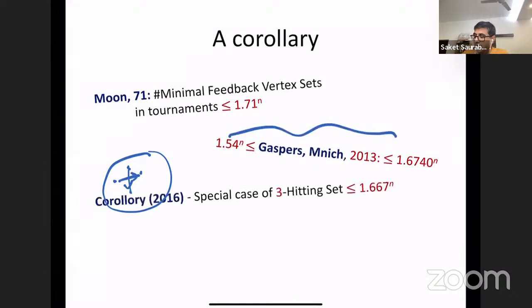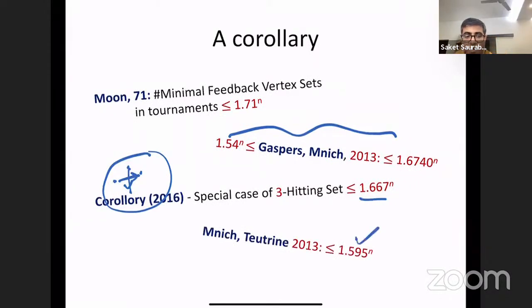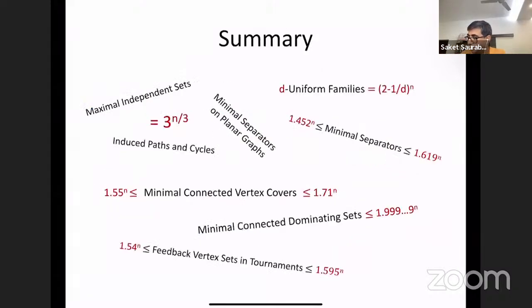As a special case of three-hitting set, this result will show what I just told, that it is upper bounded by this. But later people worked harder and were able to show slightly better bounds. This race was started by Moon, who used a very beautiful degree sequence property of tournaments to get this bound. And then a lot of progress has happened over the years to get better and better bounds.